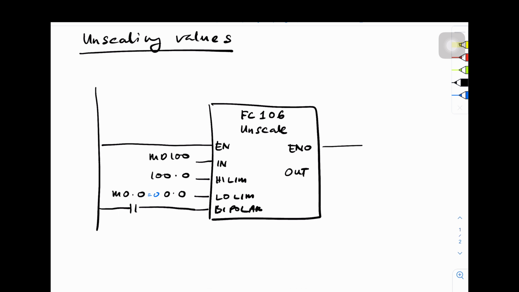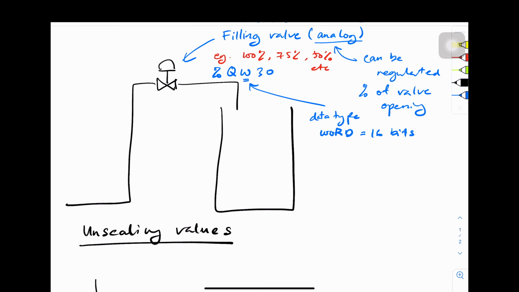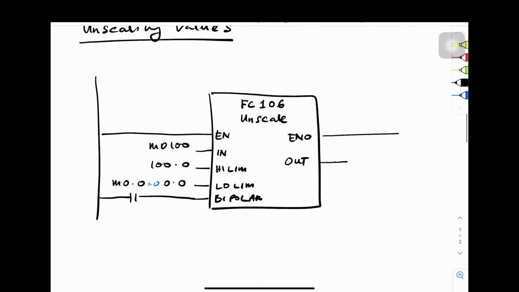And this one is the enable output, and the out is assigned for the regulated control valve, so this should be output word address 30, QW30. Simple as that.